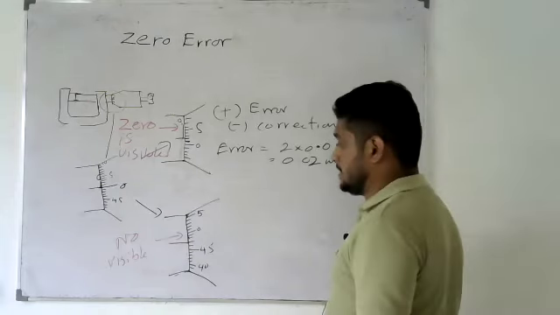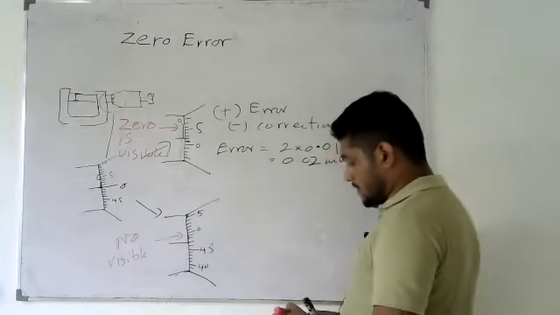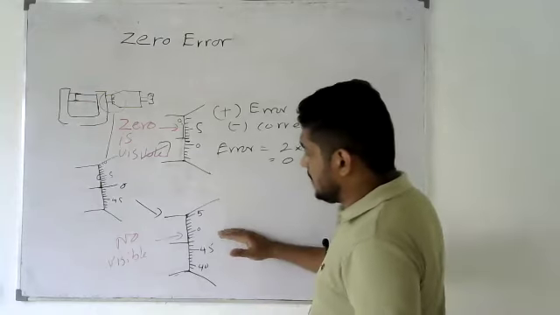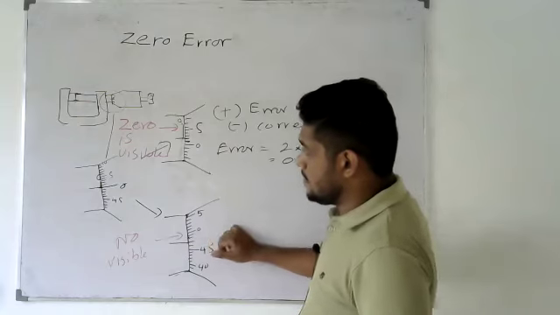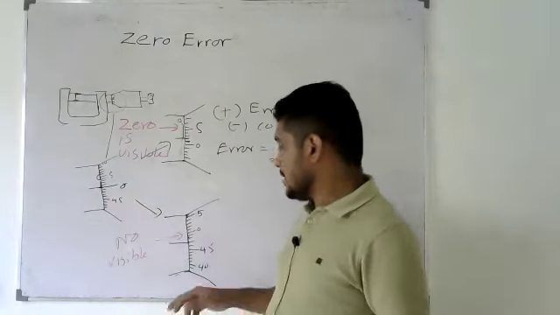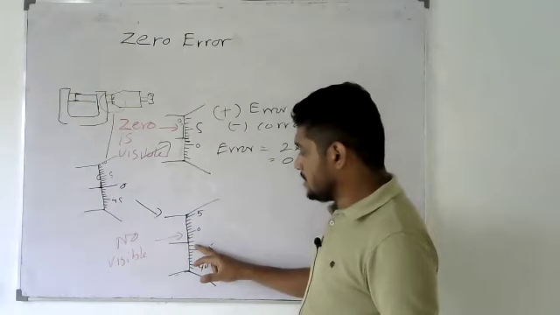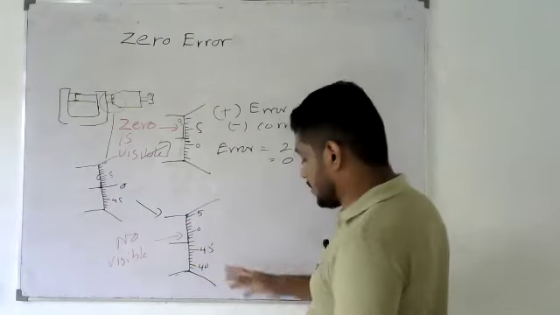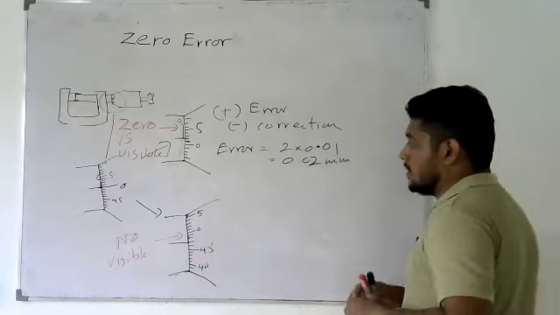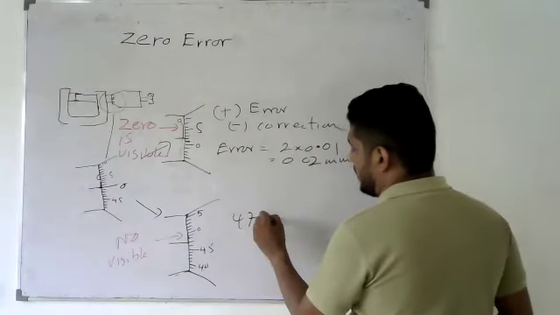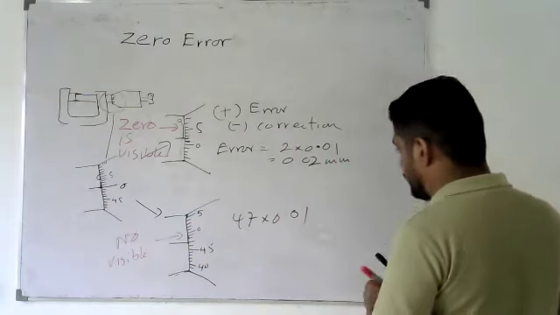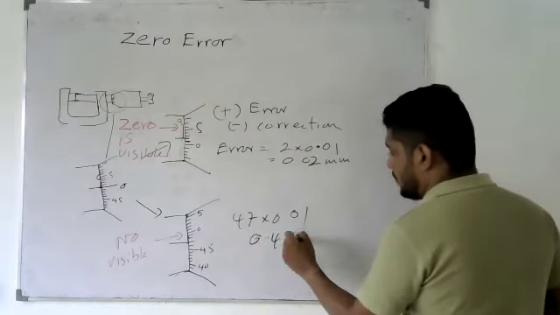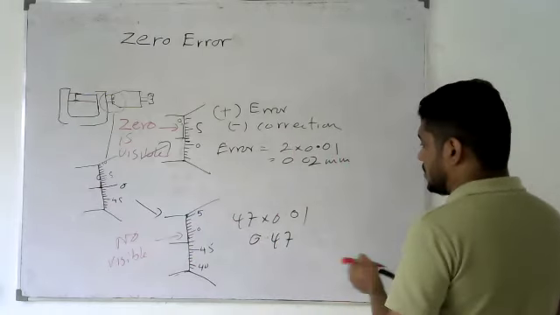Now just think the 0 is now here. This segment is 45, 46, 47. But you cannot calculate the error as this. Calling එකේ වගේමයි මෙහෙම ගත්තොත් දැන් 0.47. This is wrong.